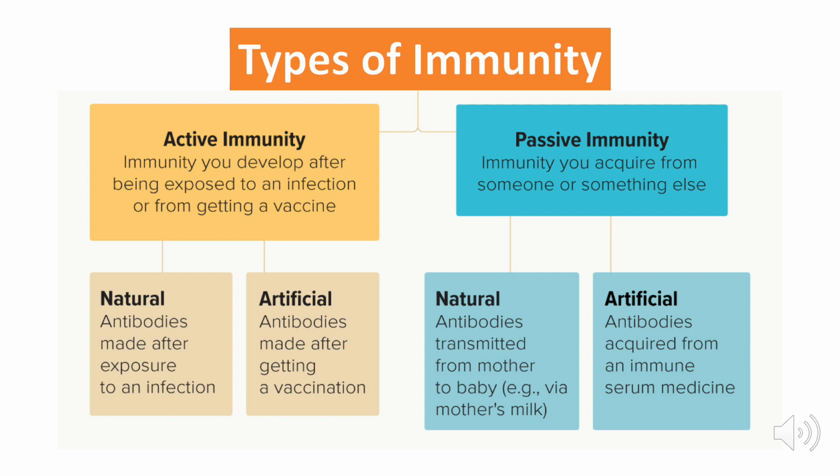Another example, so that you will grasp the idea of natural passive immunity, is breastfeeding. Do you know that breast milk is rich in secretory IgA? That's the antibody present in the breast milk. So if the infant feeds on the breast milk of the mother, the infant will be getting the secretory IgA in the breast milk.